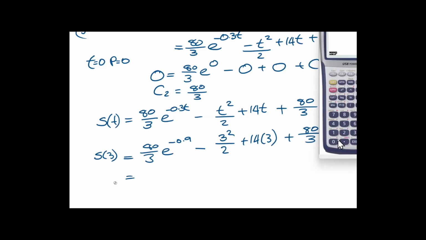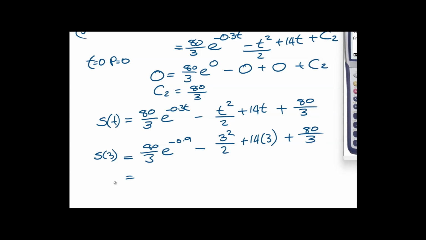I'm going to put the 80 over 3 in brackets because the kids have calculators. e to the negative 0.9 is that, so that's 10, minus 3 squared over 2, which is 4.5, plus 14 times 3, plus, there's some brackets as well, 80 over 3. Where did I go wrong?